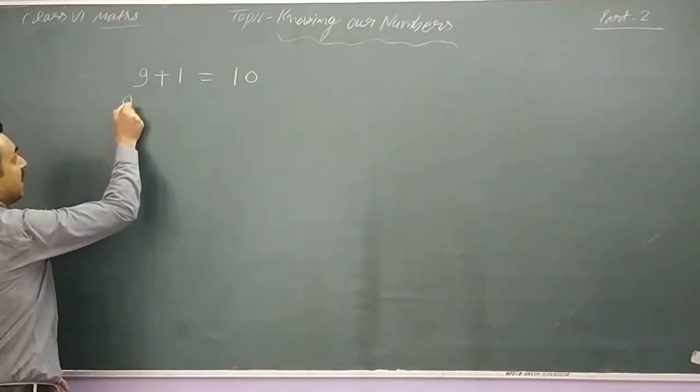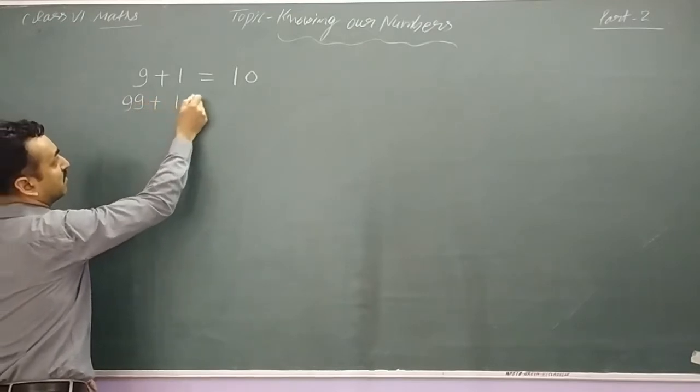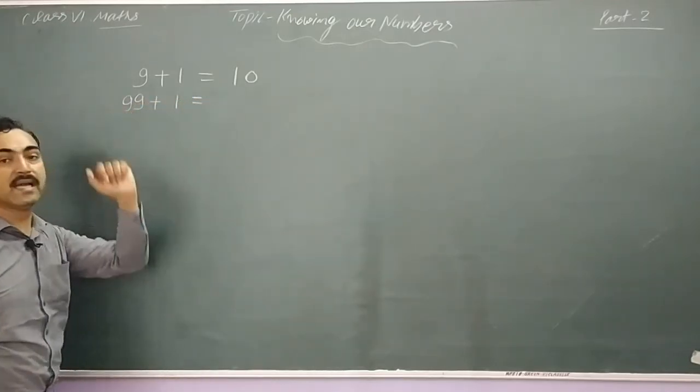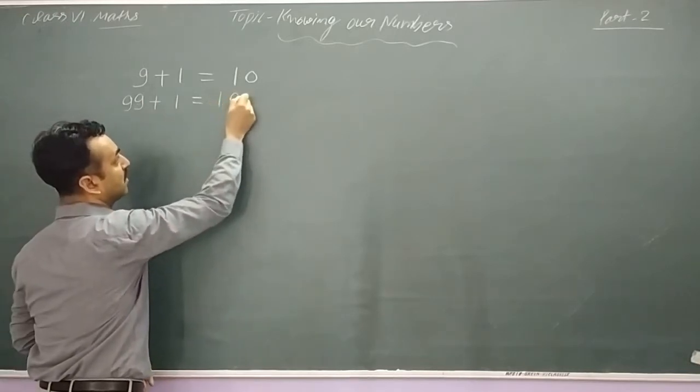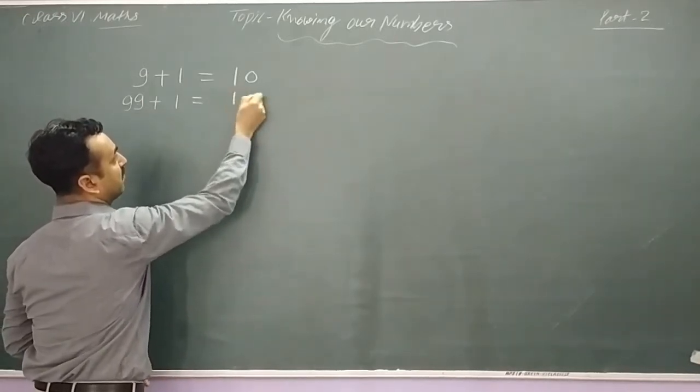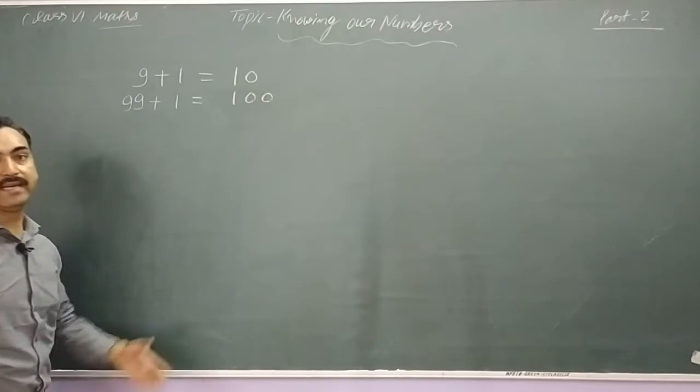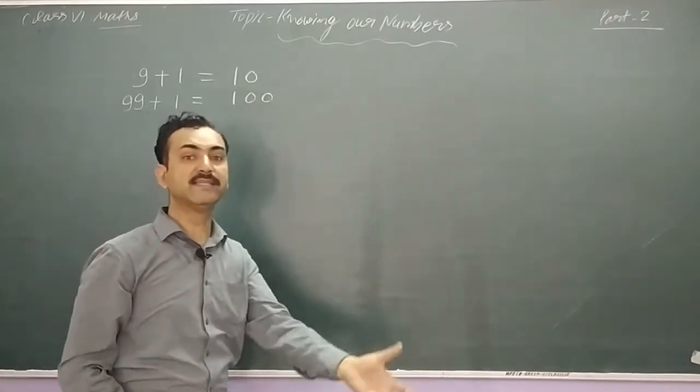Suppose you add 99 plus 1. 99 is the greatest 2 digit number, and when you add 1 it becomes 100. 100 is the smallest 3 digit number.